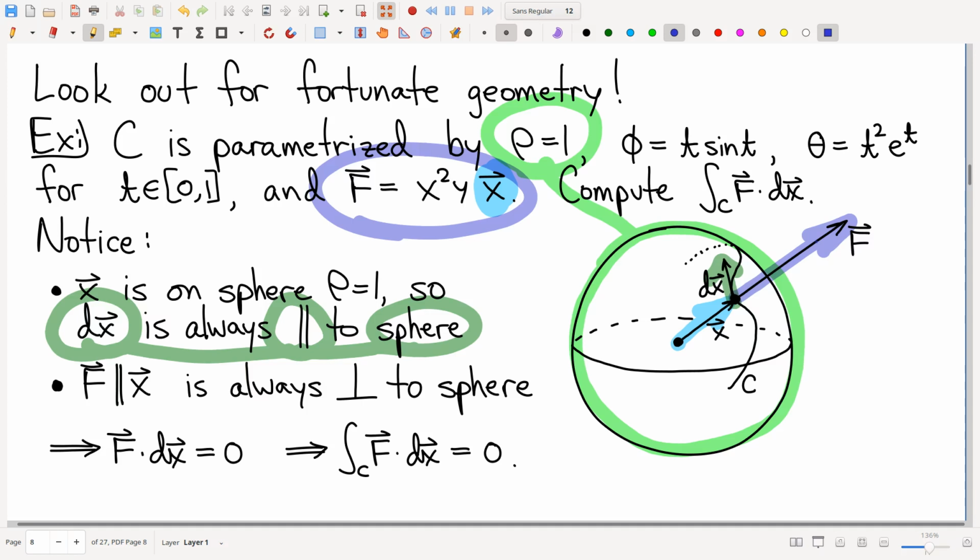The position vector for a sphere centered at the origin is always perpendicular to the surface. This is a unique feature of spheres centered at the origin. The surface is always perpendicular to the position vector. So that means that our vector field is always perpendicular to the sphere.